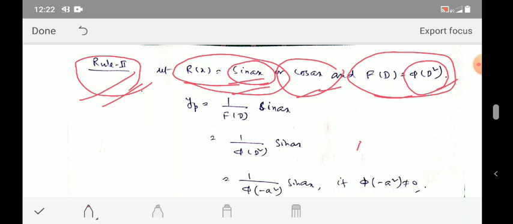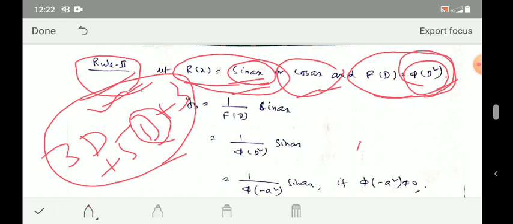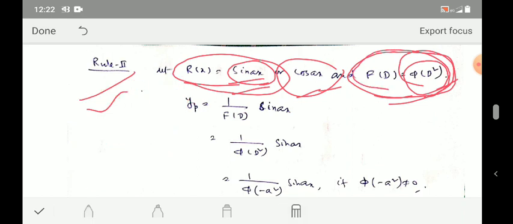But if we consider f(D) = 3D^2 + 5D + 3, here D is present, therefore this is not a function of type phi(D^2). This case is not considered here. I am considering the cases where f(D) can be expressed as a function of D^2 only.